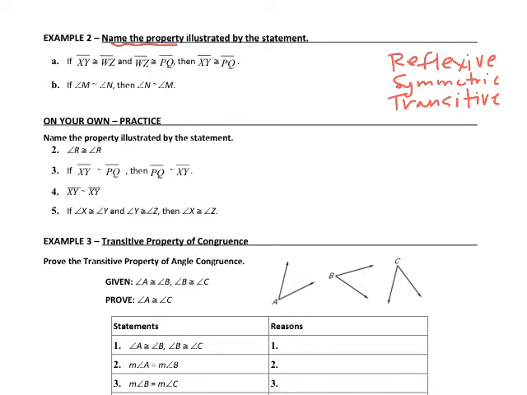And in example 2, statement A says if segment XY is congruent to segment WZ and WZ is congruent to PQ, then XY is congruent to PQ. So if I look here, WZ is stated in both of these statements of congruence. So if I cross those off and look and see what's left, XY is congruent to PQ, then remember that's the transitive property.